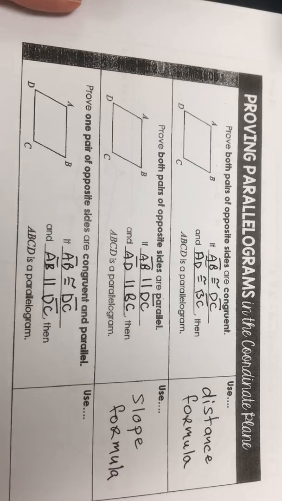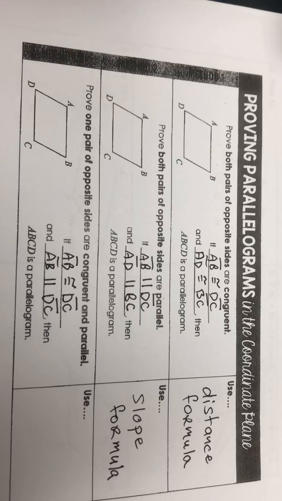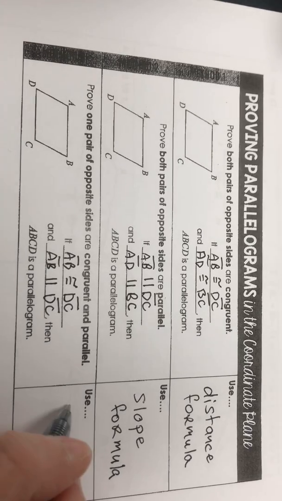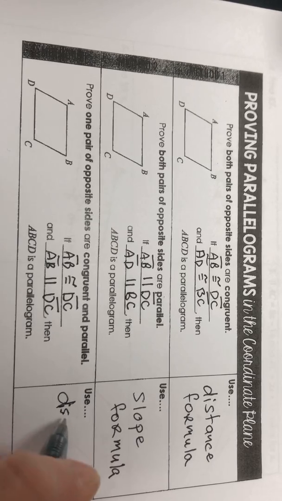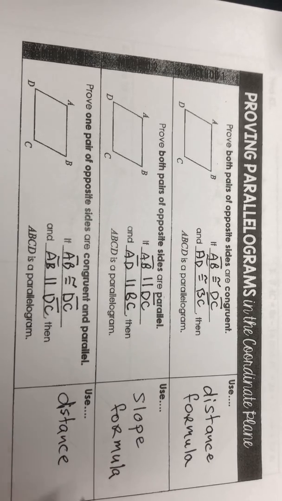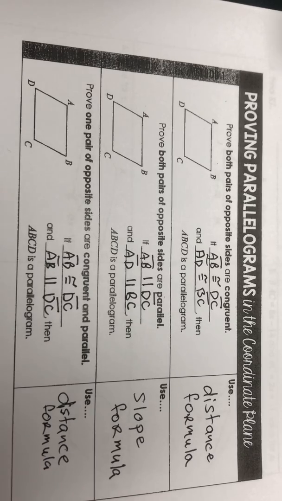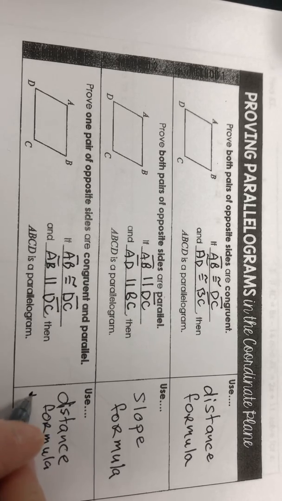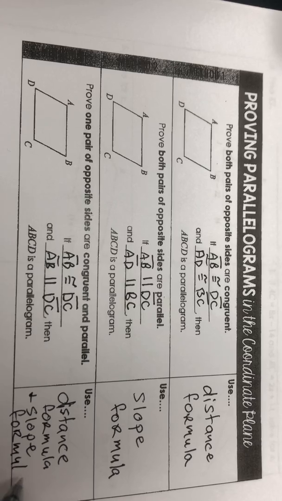So it's got to be the same pair of sides, both congruent and parallel. So if you're going to do that, you would use the distance formula and the slope formula. So you need both of those.